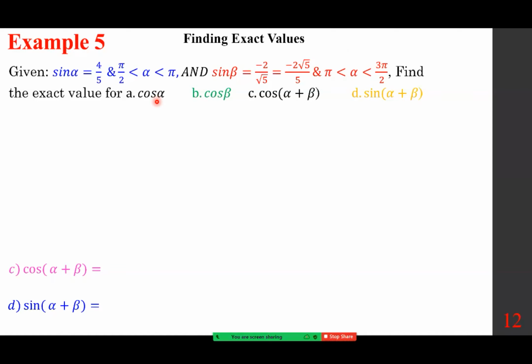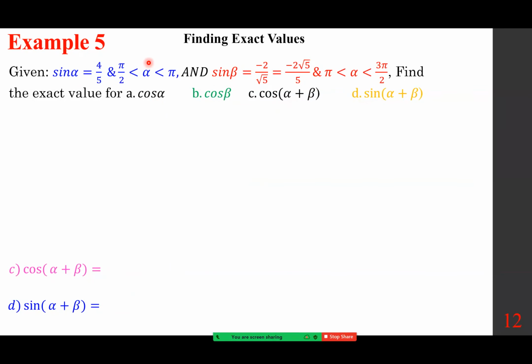We want to evaluate cosine alpha, cosine beta, cosine of alpha plus beta, sine of alpha plus beta. So I put cosine of alpha plus beta, sine of alpha plus beta here using those formulas that we have. So what we need to do, given sine, find cosine, and we are going to do that for both. And then we figure out the sign, whether it's positive or negative, depending on the quadrant.